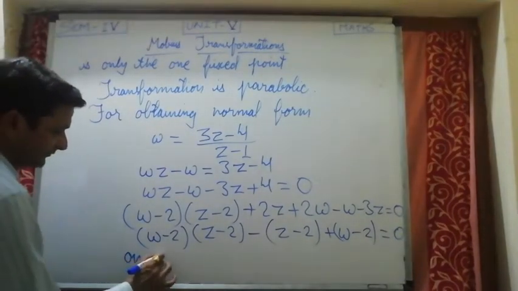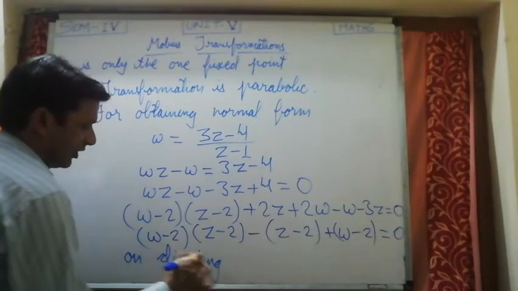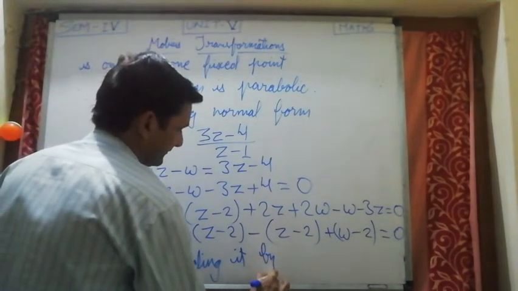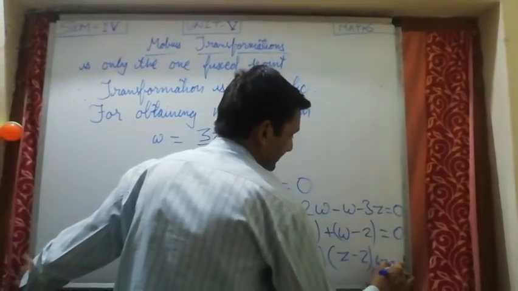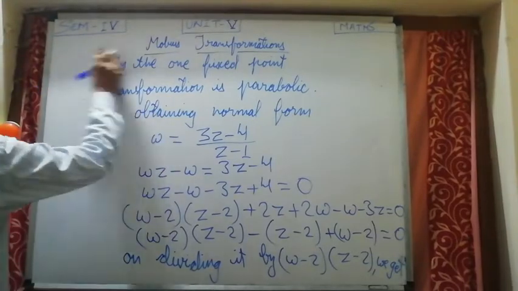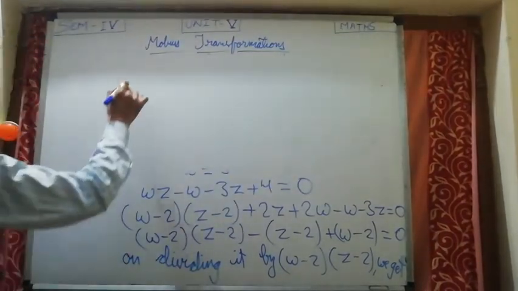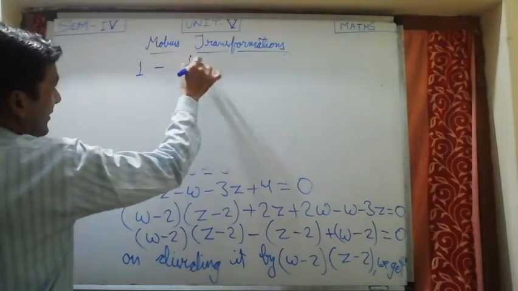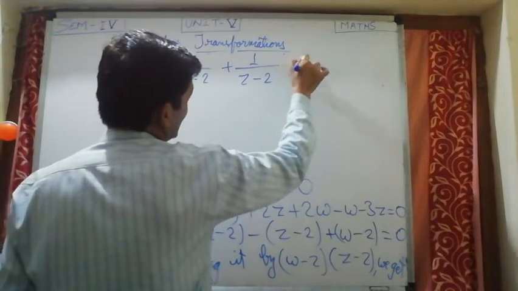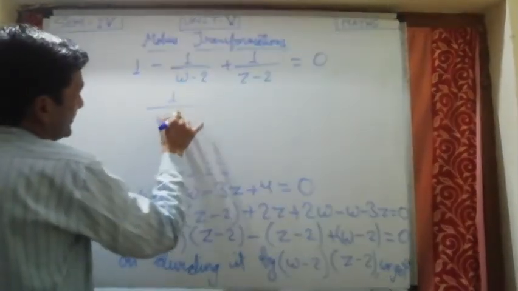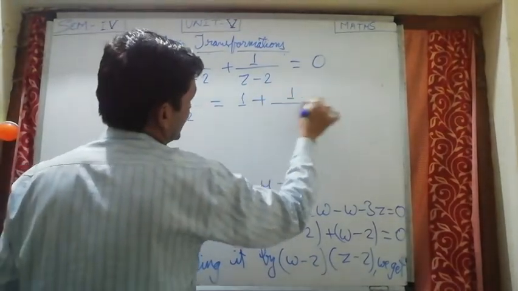So on dividing it by (w - 2)(z - 2), we get 1 - 1/(w - 2) + 1/(z - 2) = 0, or 1/(w - 2) = 1 + 1/(z - 2).